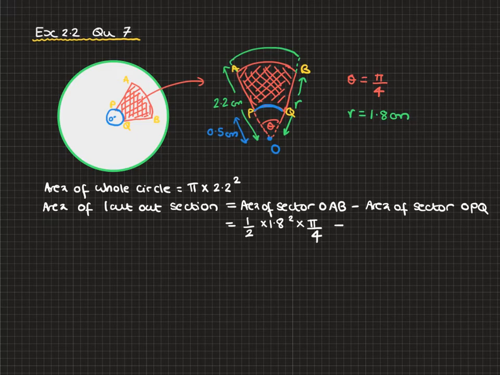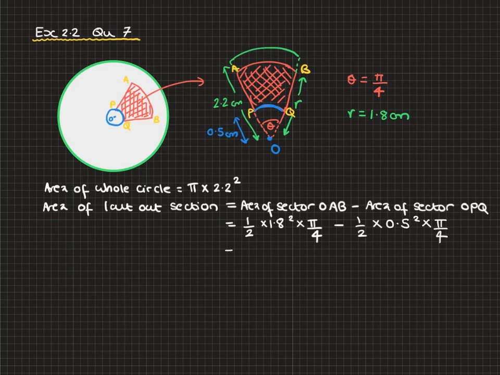We want to take away from that the area of the small sector OPQ, which is a half multiplied by, now what we know about the small sector is it's part of the central circle, and we're told that the centre of the brooch has a diameter of 1 centimetre. So that's a half multiplied by 0.5 squared multiplied by the same angle of pi by 4.